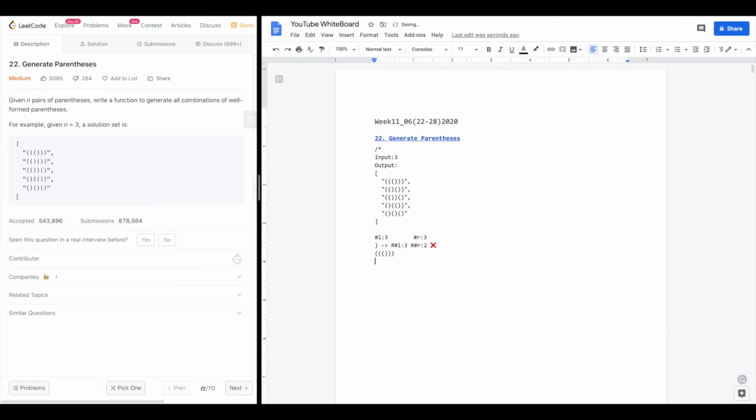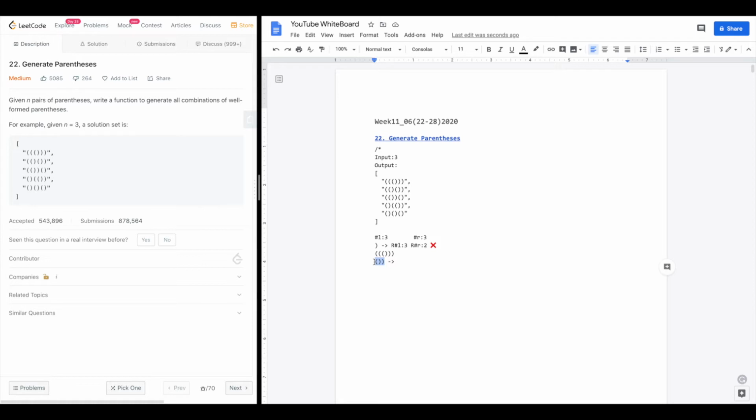But if we do left, right, and over here we do right one more time, we don't have to go through it, because we already know this parentheses can never be well-formed.